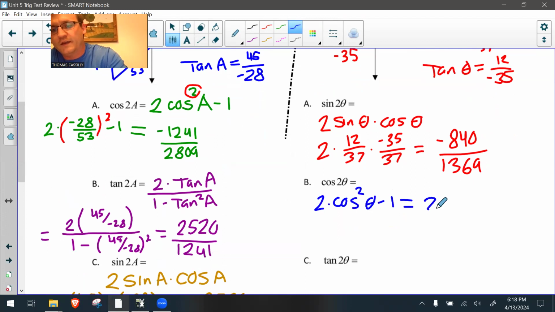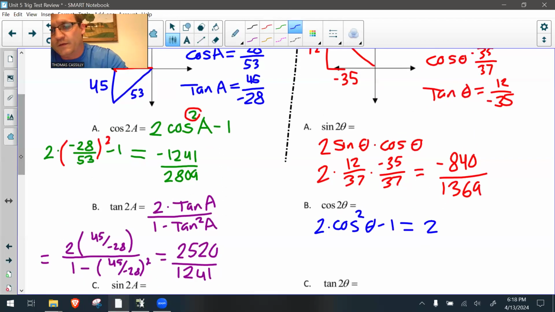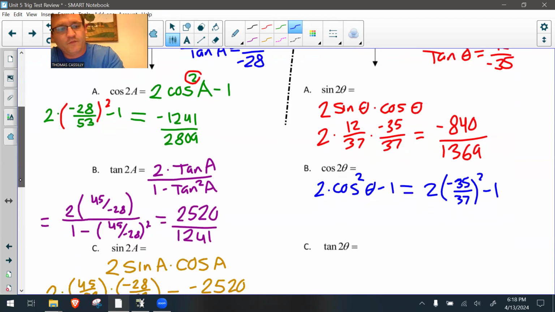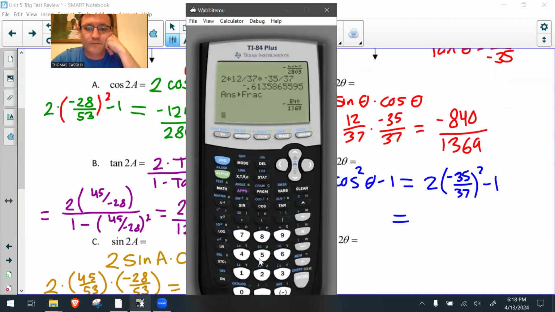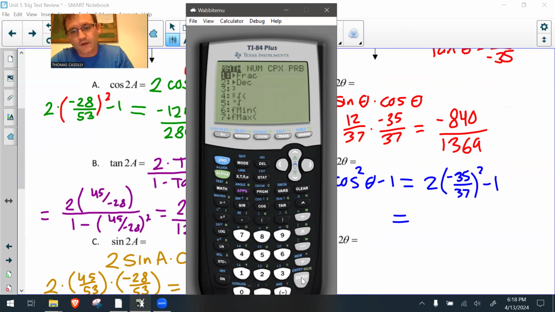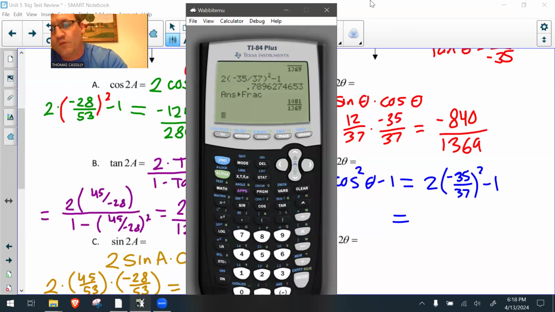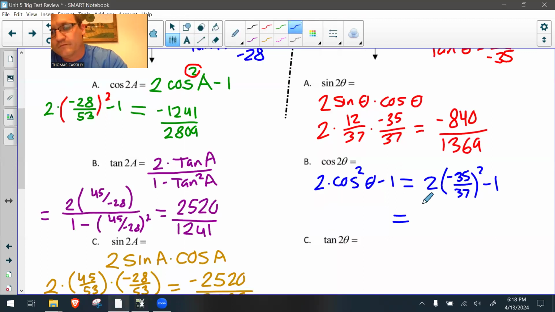So plugging all of that in, we're going to have 2 times negative 35 over 37 squared minus 1. And then the last one here. Well, actually here, I got to plug it in. That gives us 1081 over 1369.